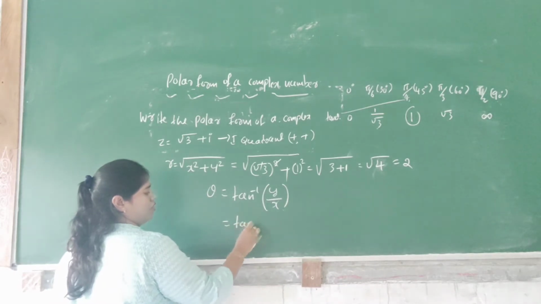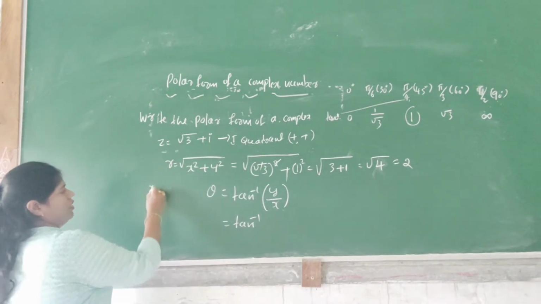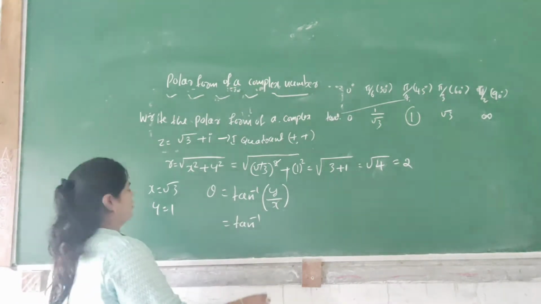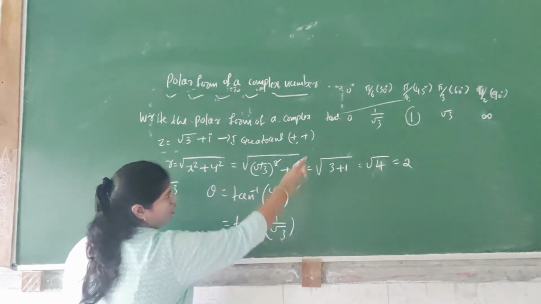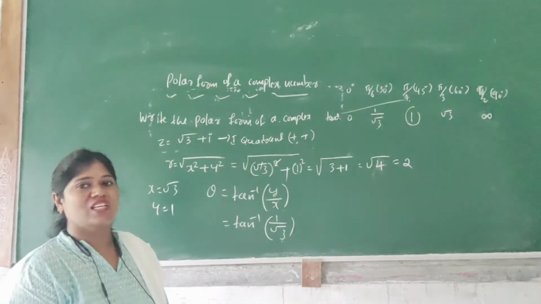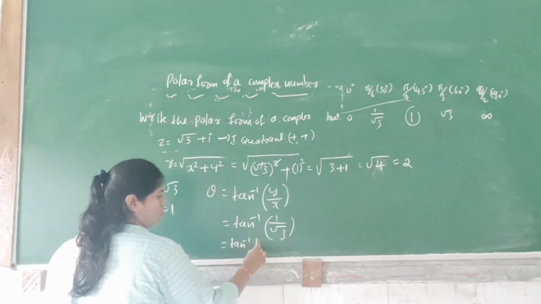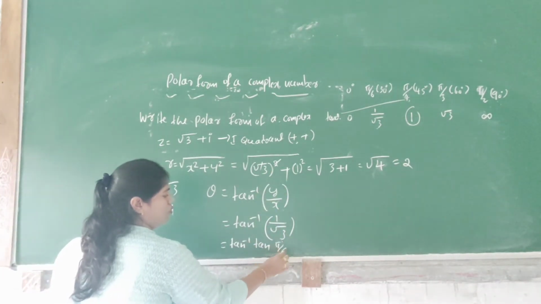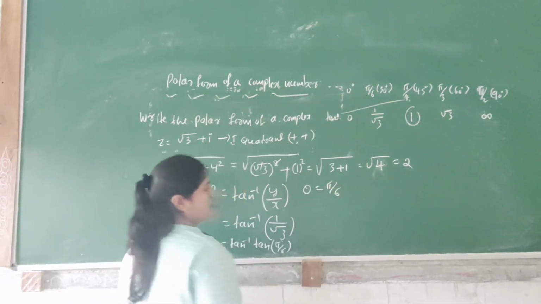Here x is root 3 and y is 1, so tan inverse of 1 divided by root 3. For this you can check the table, and you have to write it in radians only. For 1 by root 3, it is pi by 6. Therefore theta is equal to pi by 6.